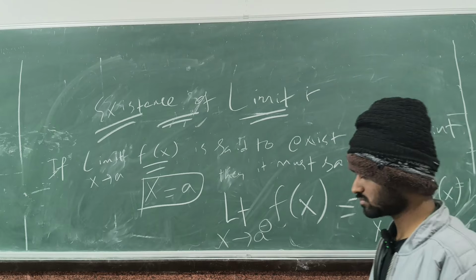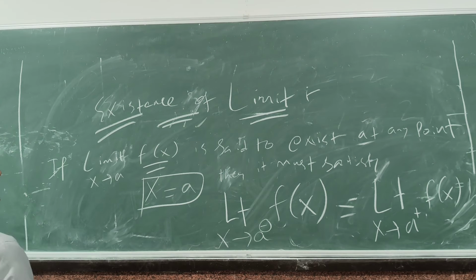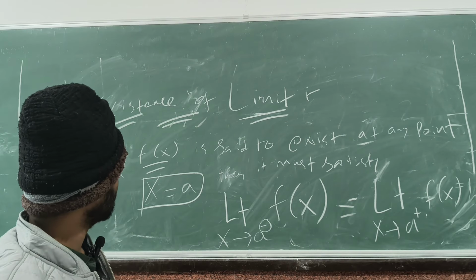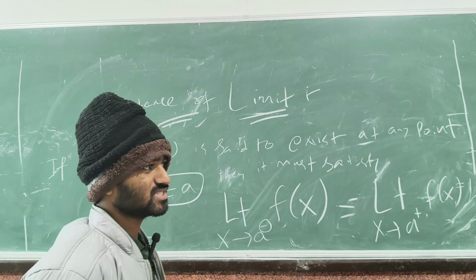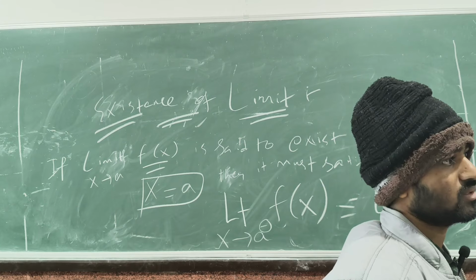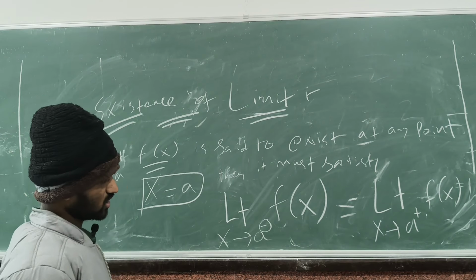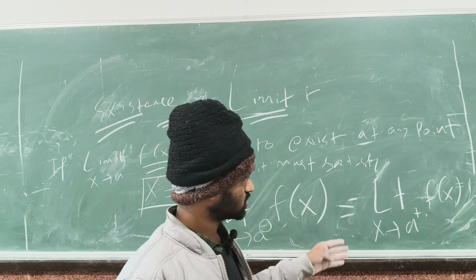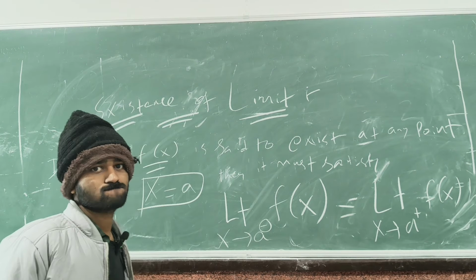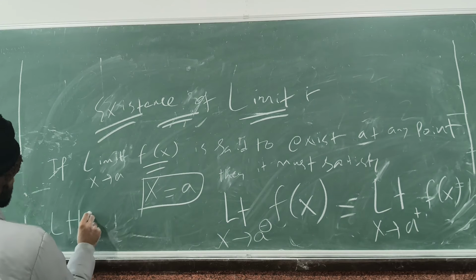Means the limit of f of x as x tends to a is said to exist if and only if the left hand limit, x tends to a minus f of x, equals the right hand limit, x tends to a plus f of x. When left hand limit is equal to right hand limit, then we can say the limit exists.